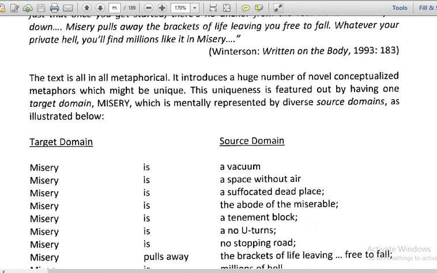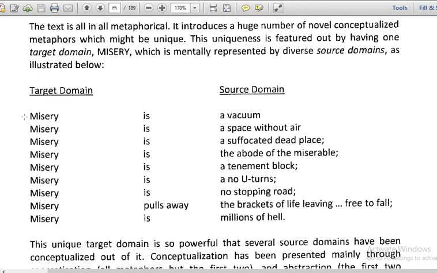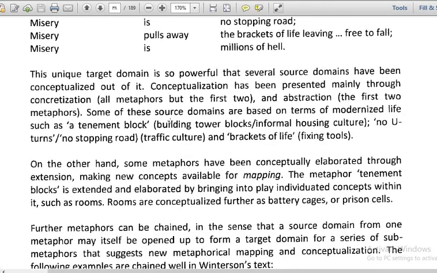So here we have the target domain, which is only one word, exclusively misery, as a vacuum, a space without air, a suffocated dead place, no stopping road. All of these words in the source domain express a web, شبكة, a web of cognitive images that are all related under the same target domain, which is misery.